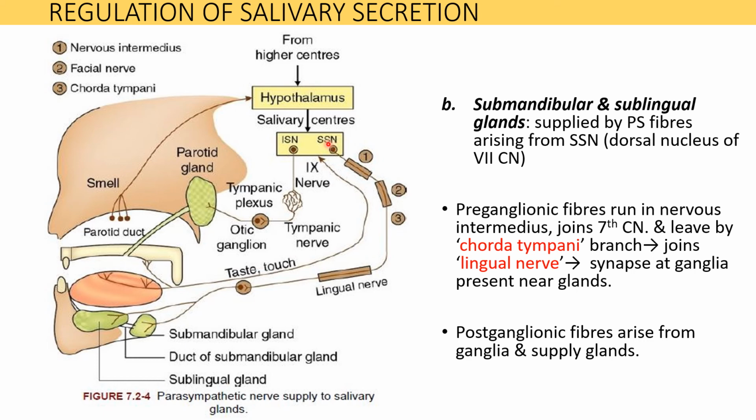From there, the preganglionic fibers will run as the nervus intermedius and join the seventh cranial nerve fibers, leave via the chorda tympani branch, progress further to join the lingual nerve, and ultimately synapse at the ganglia present near the glands. After synapsing near the glands, the postganglionic parasympathetic fibers will arise and stimulate the submandibular as well as the sublingual glands.